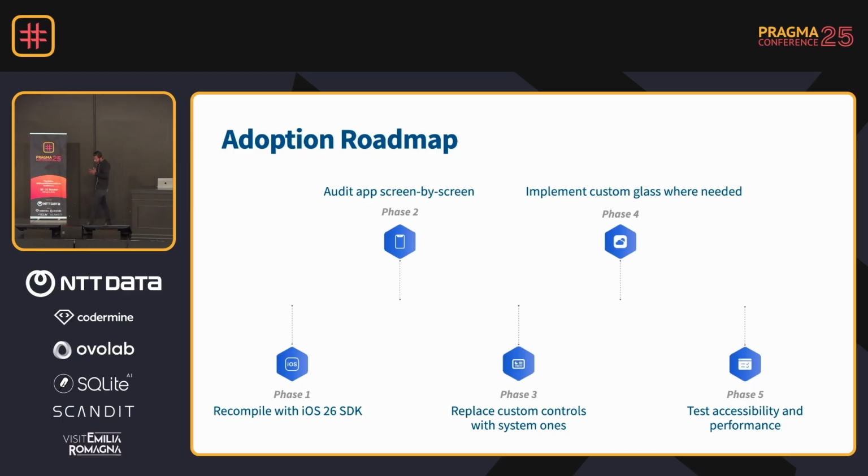And then you need to replace, if you have custom components, you might have to use system components instead. And then implement the custom glass material and the custom glass component effects on your components, and then make sure to test the accessibility and the performance.